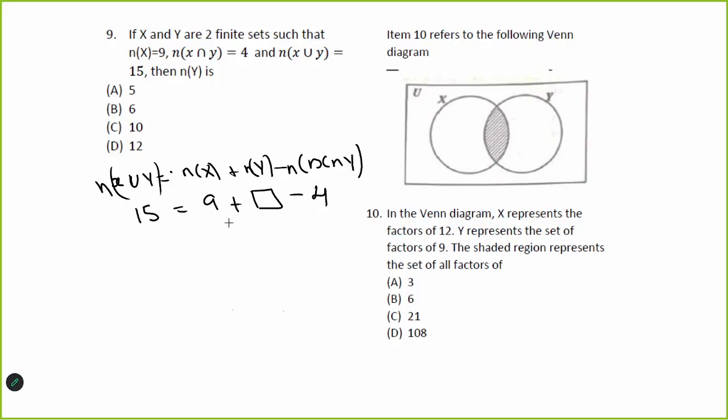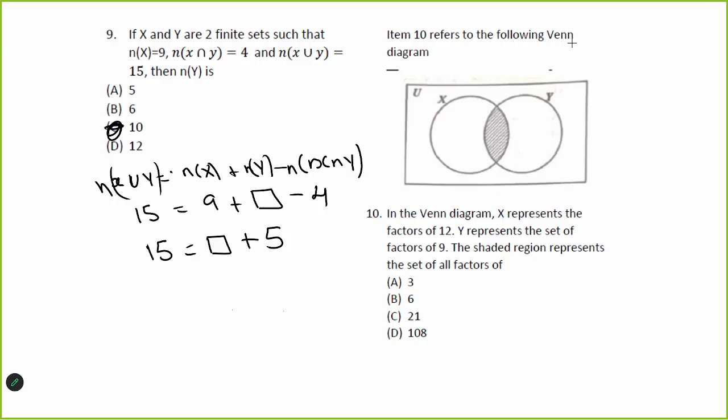So 9 minus 4 is 5. So 15 is equal to the box plus 5. So the box is 10. So C is the answer.